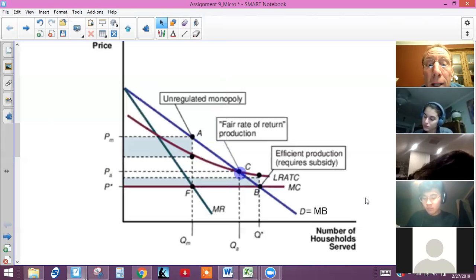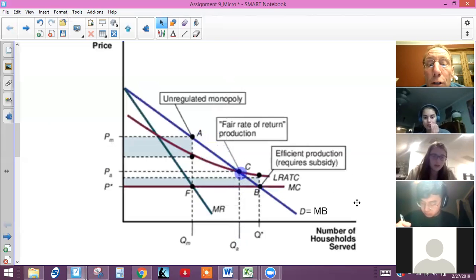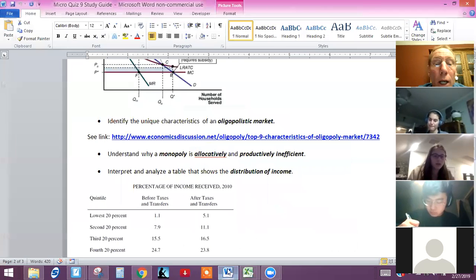Once again, this monopoly is producing at a level lower than that, way down here, and at a price higher than what would be productively efficient. So that's why we say a monopoly is neither allocatively efficient nor productively efficient. Okay, that's just a review.